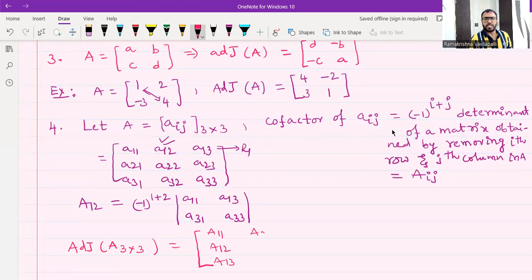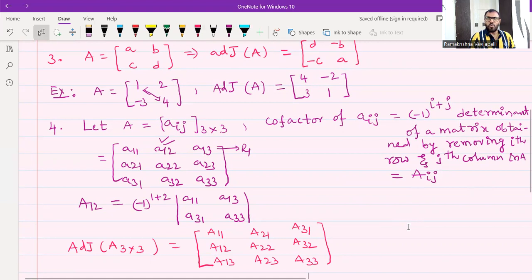Next, A21, A22, A23. Now the cofactors of third row elements, we write column-wise: A31, A32, and A33. This is the adjoint of a 3 by 3 matrix. Without the basics of the adjoint of a matrix, I cannot go further.